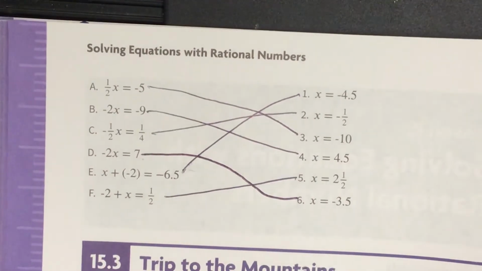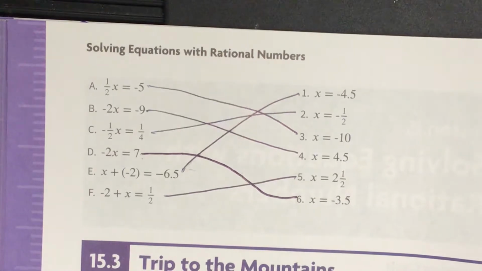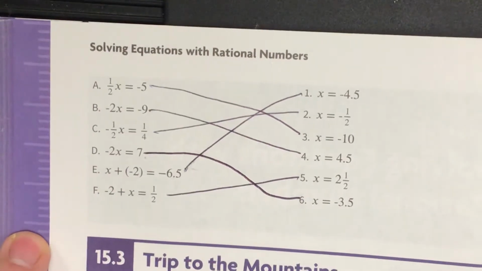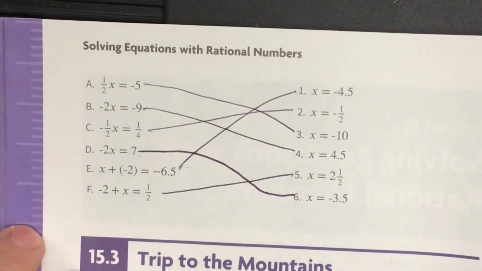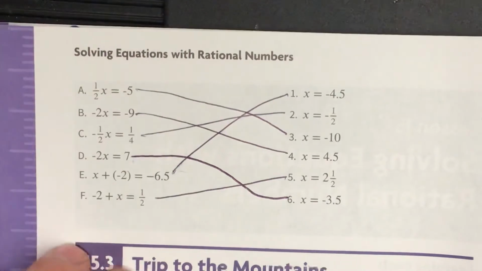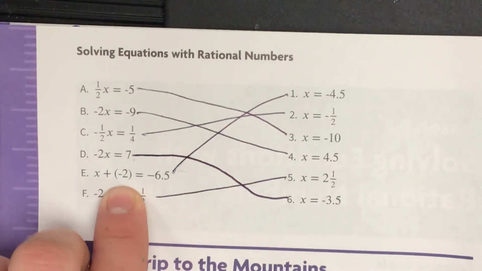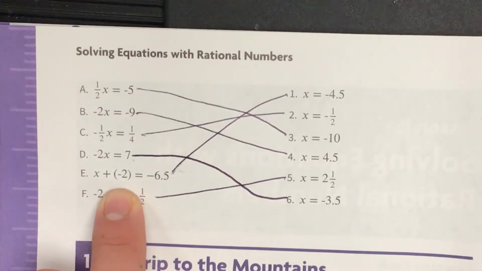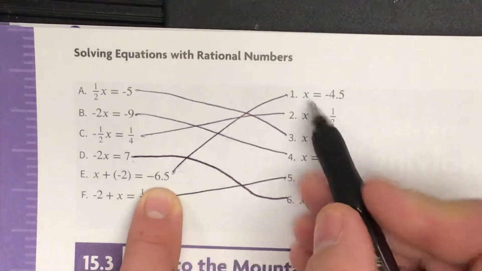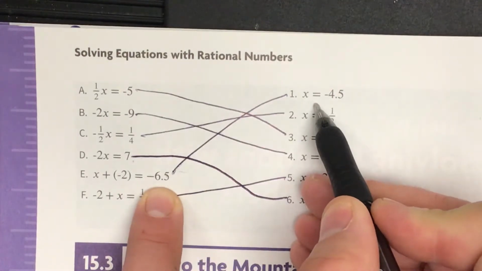All right, so we're going to talk a little bit about how to solve some of these equations as we go, but one thing to remember is you're going to do the opposite. For instance, the opposite of minus 2 is add 2. So if I take negative 6.5 plus 2, I would get this number.